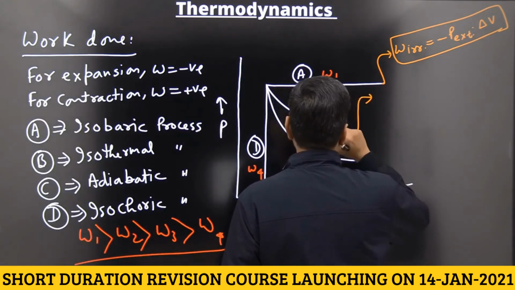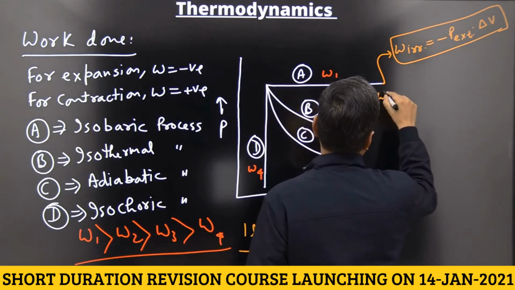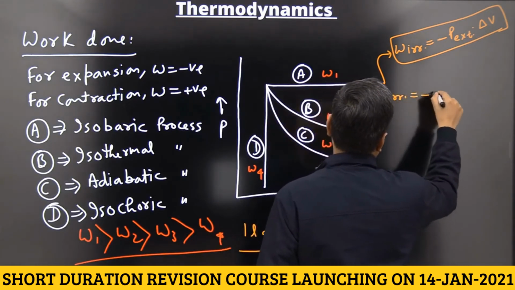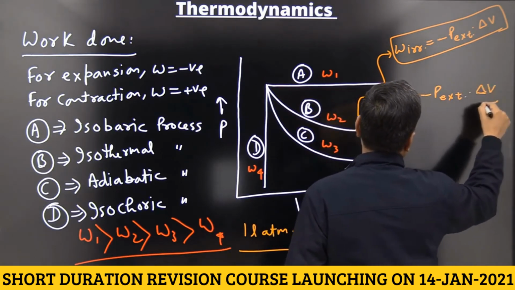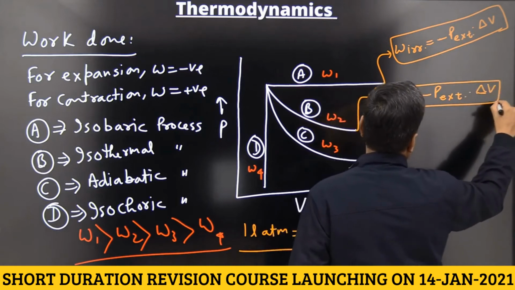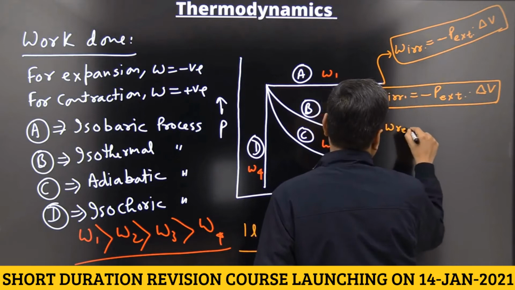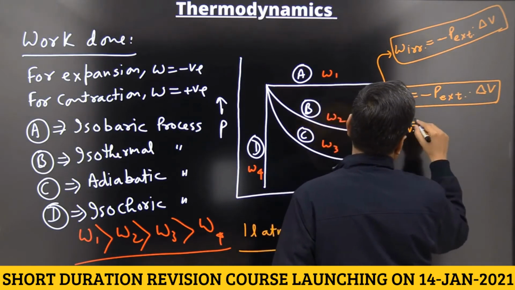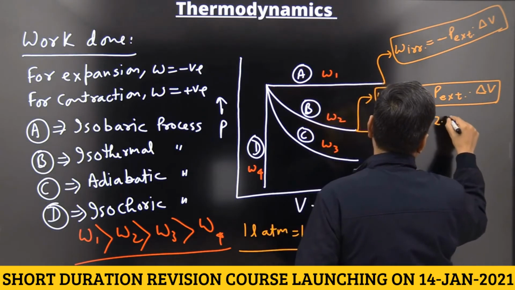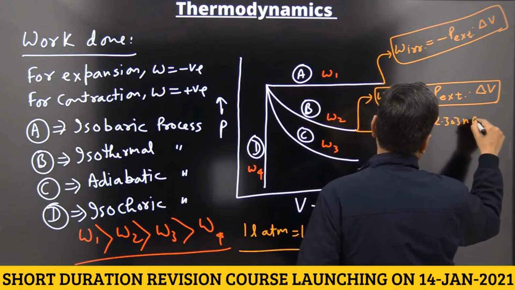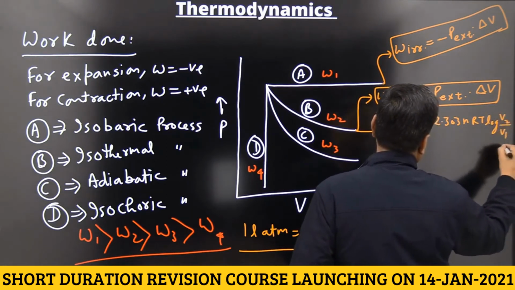In the isothermal process, B, W irreversible is minus P external into delta V. In the same manner, W reversible is 2.303 nRT log V2 by V1.